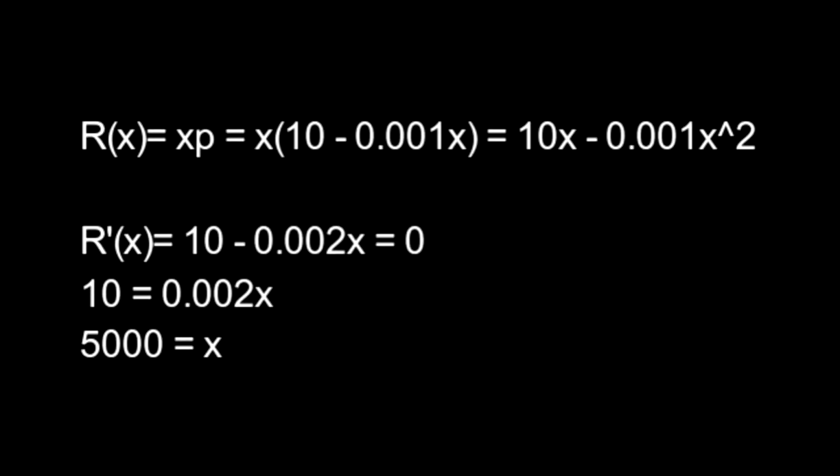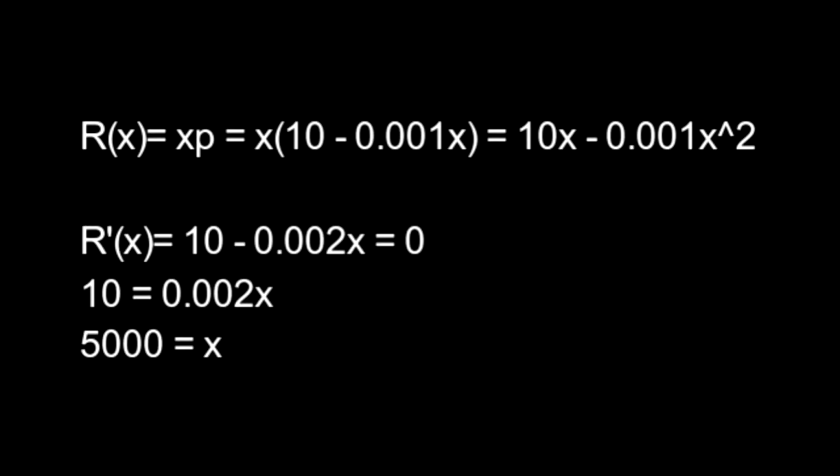Now take note, the revenue is the number of balloons the company wants to sell times the price. So, substituting the value of p, we have x times (10 minus 0.001x), which is 10x minus 0.001x squared. Taking the derivative, we have 10 minus 0.002x equals 0.